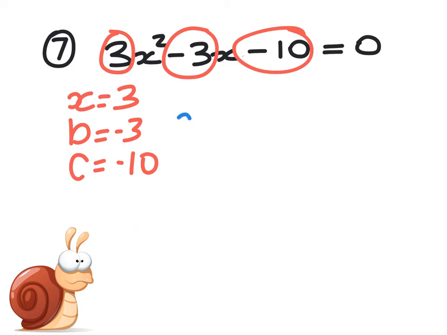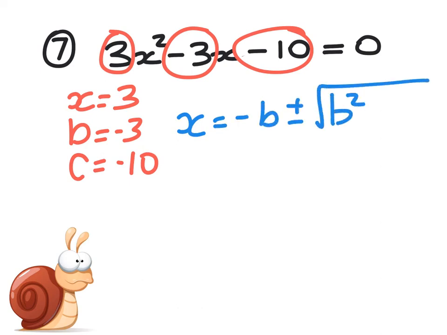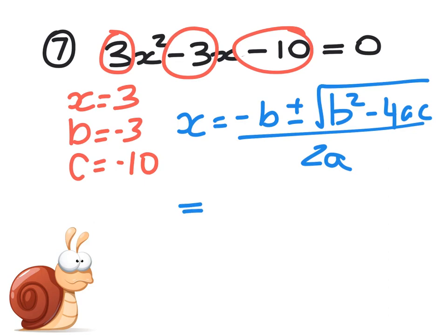So when you come to use your formula, x equals negative b plus or minus the square root of b squared minus 4ac, all divided by 2a. Now remember, negative b just means change the sign.